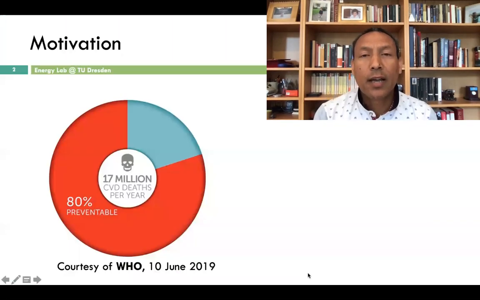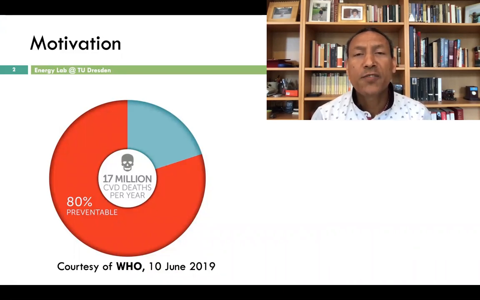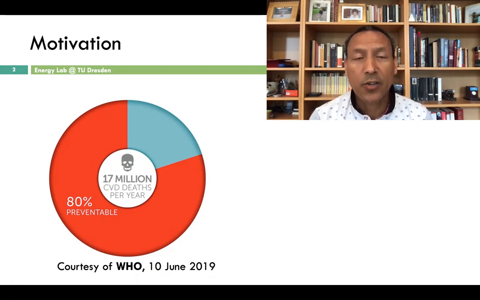According to the World Health Organization report published in 2019, more than 70 million people died of cardiovascular diseases worldwide.